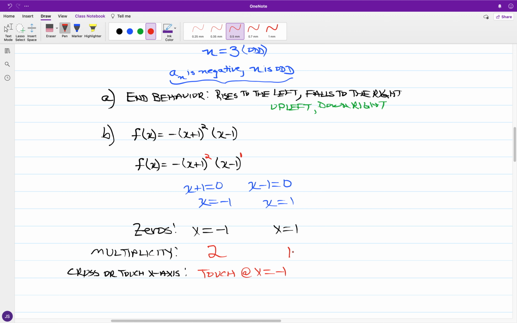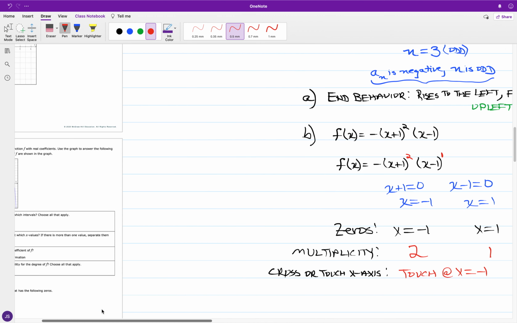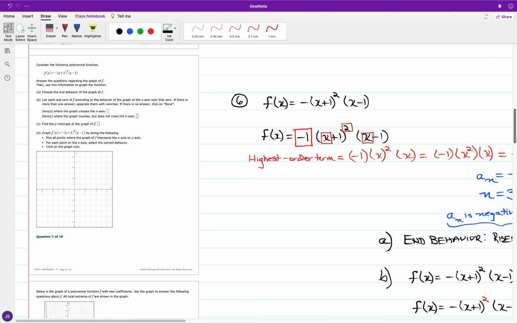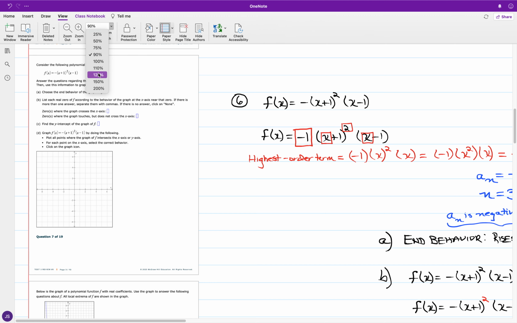And 1, which has an odd multiplicity value of 1, is going to cross at x equal to 1. And for what we have in the case of 6, you have where the graph is going to cross the x-axis.